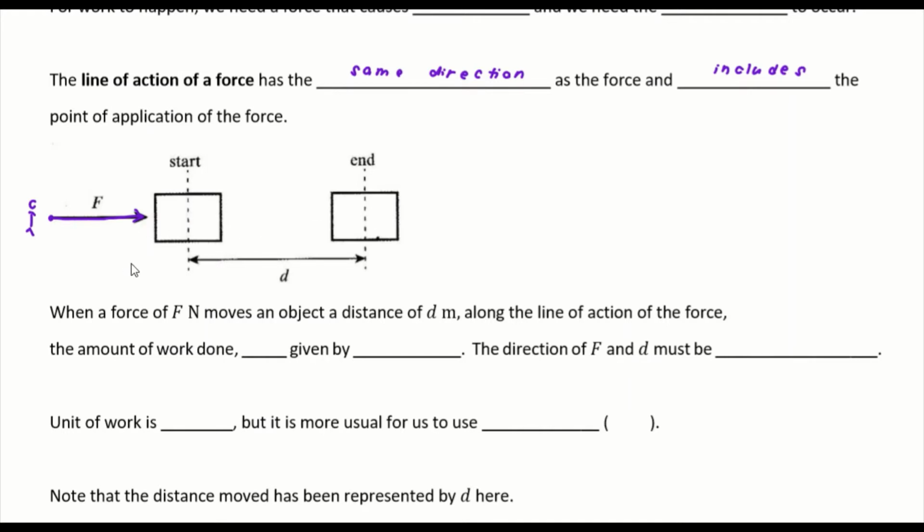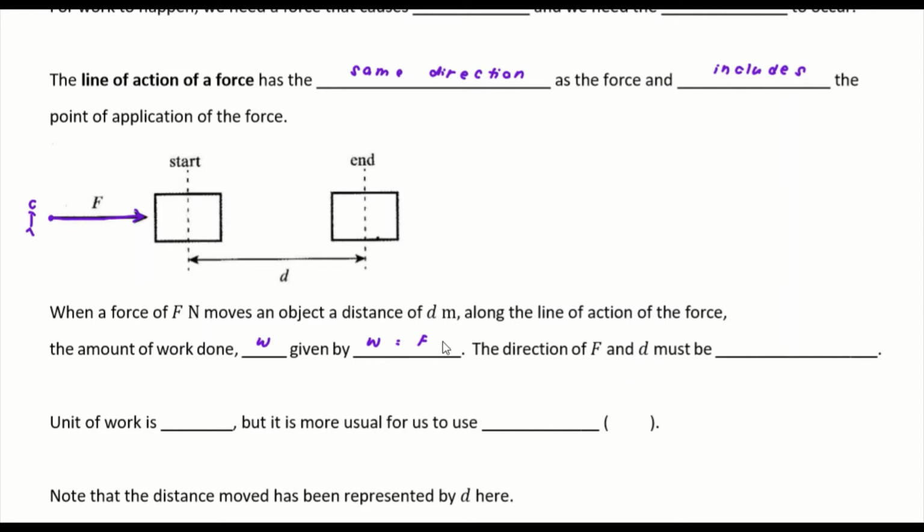Okay? So the amount of work done by this force is denoted by the symbol W, and it's simple that W is equal to the amount of force that you apply and how far the object moves. So W is equal to F, sorry, I should write D instead.